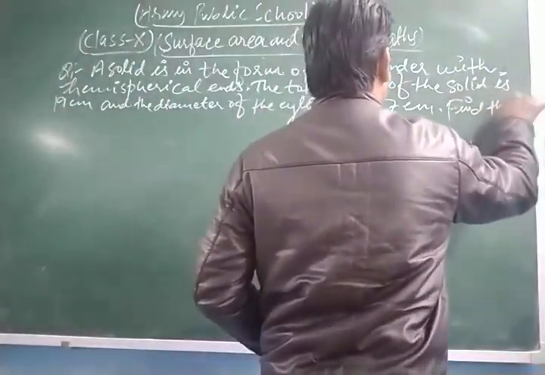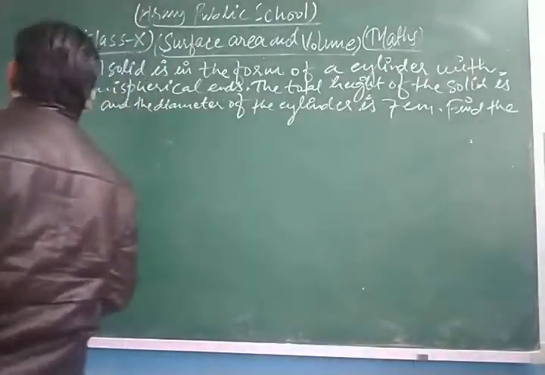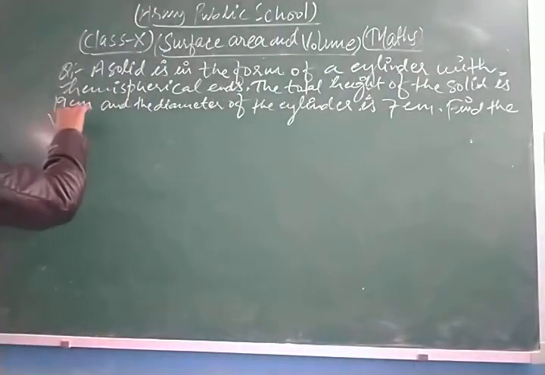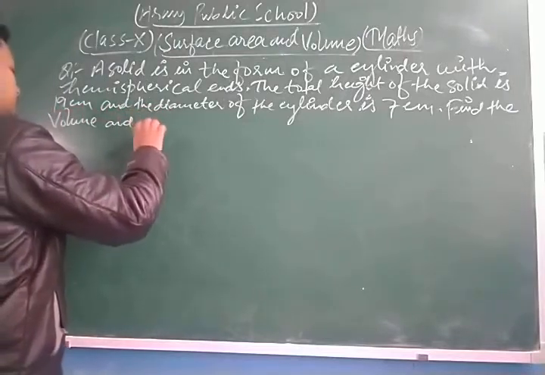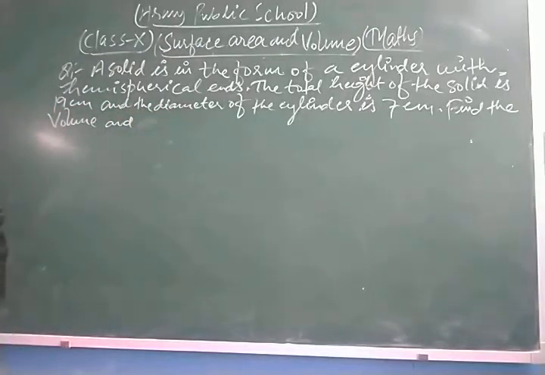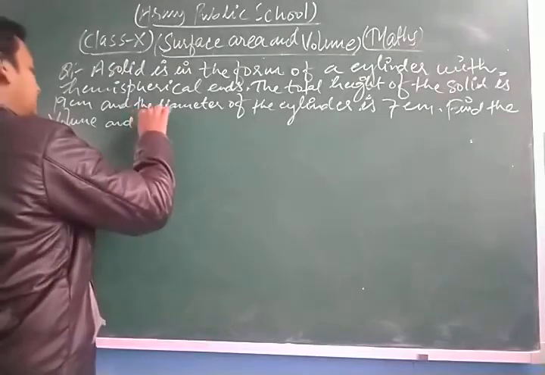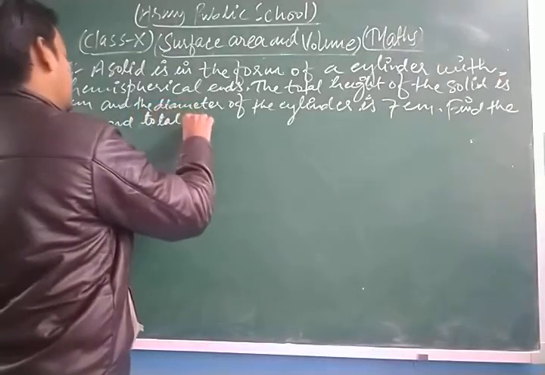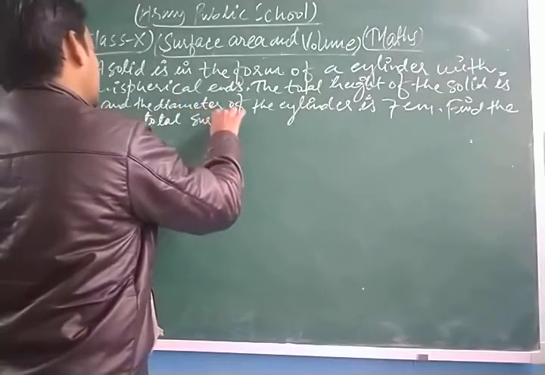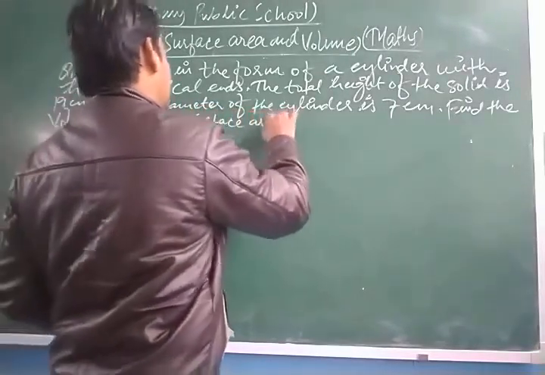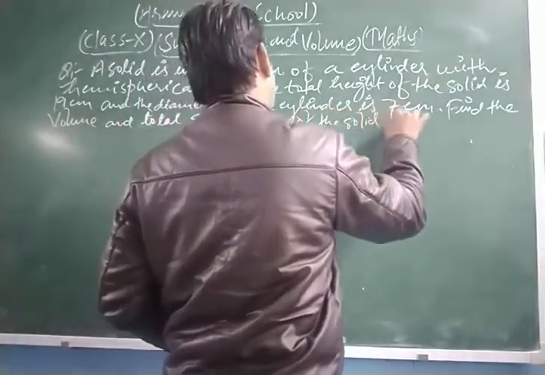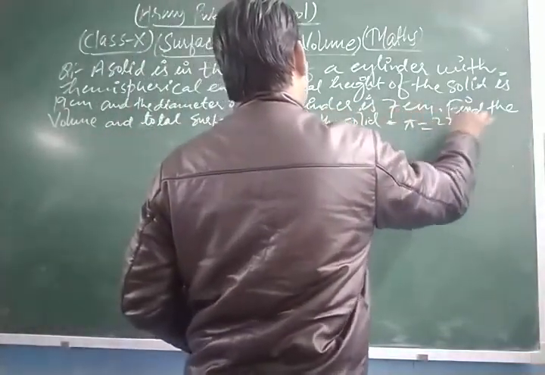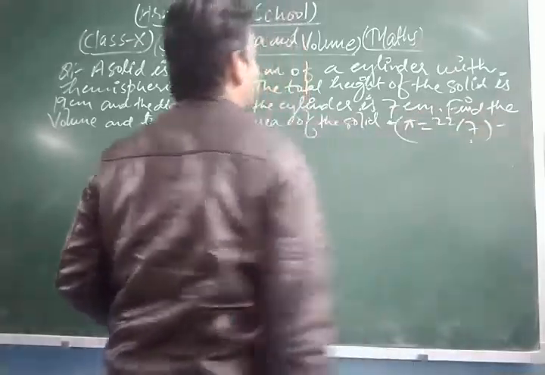Find the volume and total surface area of the solid, and take the value of pi as 22/7.